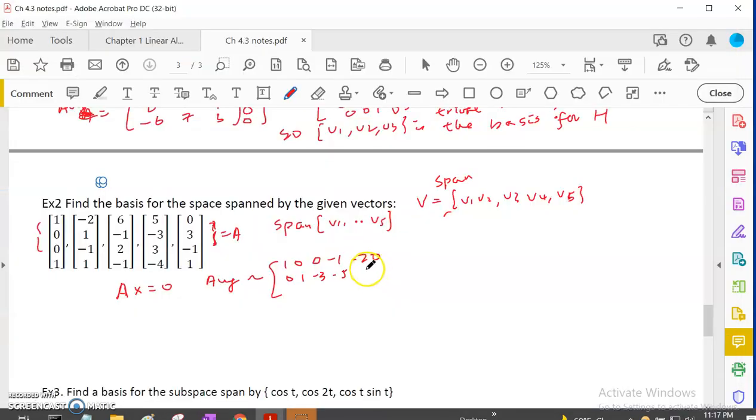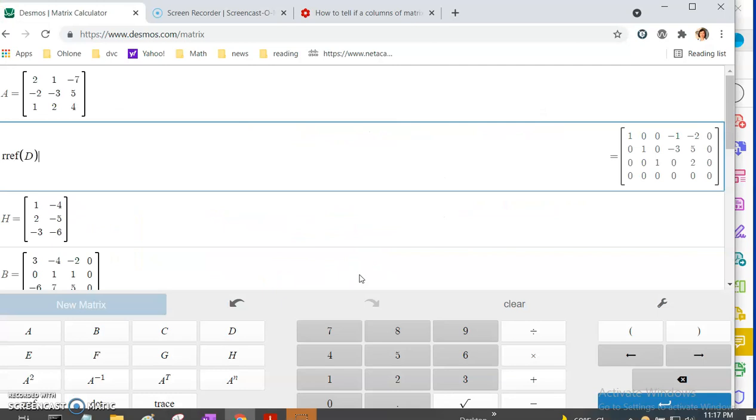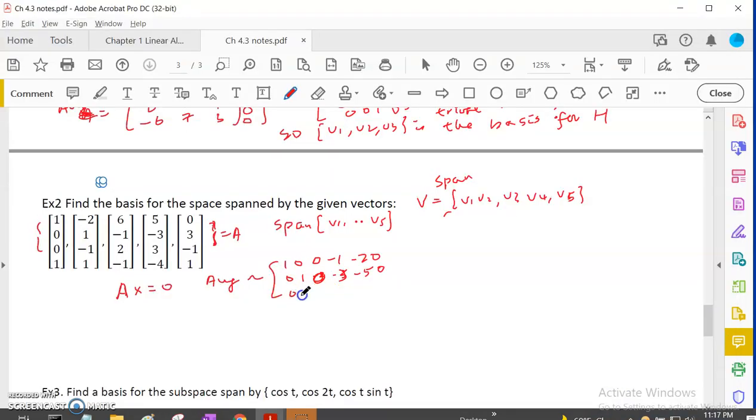And then 0 0 1 0, and then negative 3 negative 5 0. The third one is 0 0 1 0 0 1, and then 0 2 0. The last one is all 0. Okay, so I claim that the ones that are independent are the ones with the pivot position.